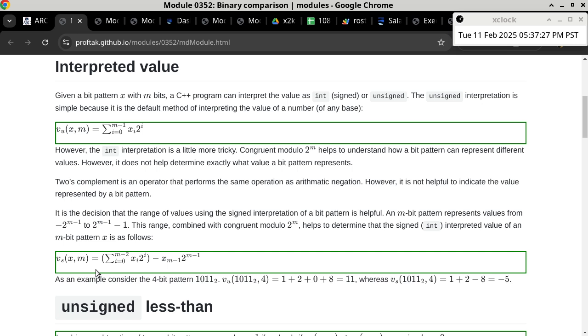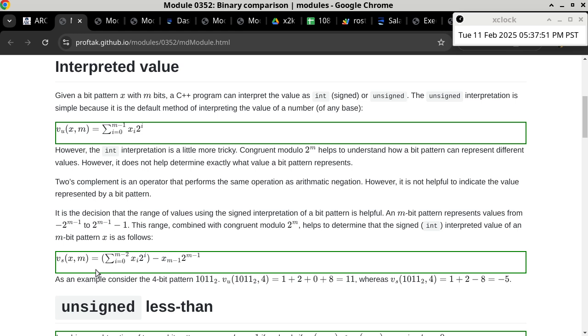Now, this one, for unsigned value, is basically a special case of base conversion. That formula, or that sigma notation, was first introduced in base conversion. In this case, it's a special case, which means we know the base already. It is base 2. What about the digits?